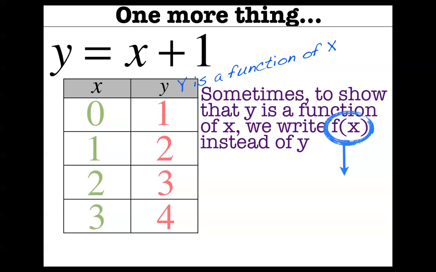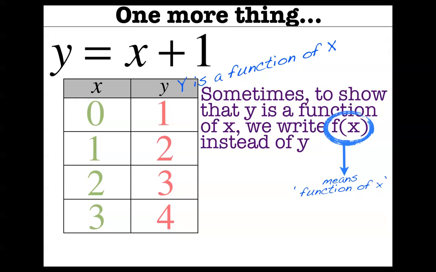That f parentheses x looks like you're multiplying two things, because usually in math, that's what parentheses look like. Parentheses mean multiplying, right? But this time, it doesn't mean you're multiplying something that's f times something that's x. This is just a shorthand way of writing function of x.